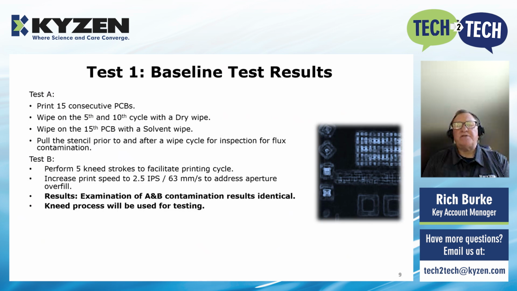Then we wanted to compare the printing of those boards to doing it through a kneading stroke process that would facilitate a faster overall testing time. So we replicated that. The other thing we did notice during this phase of the testing was that the print speed I mentioned earlier of 1.5 inches per second was too slow, and that caused overfill of the aperture.